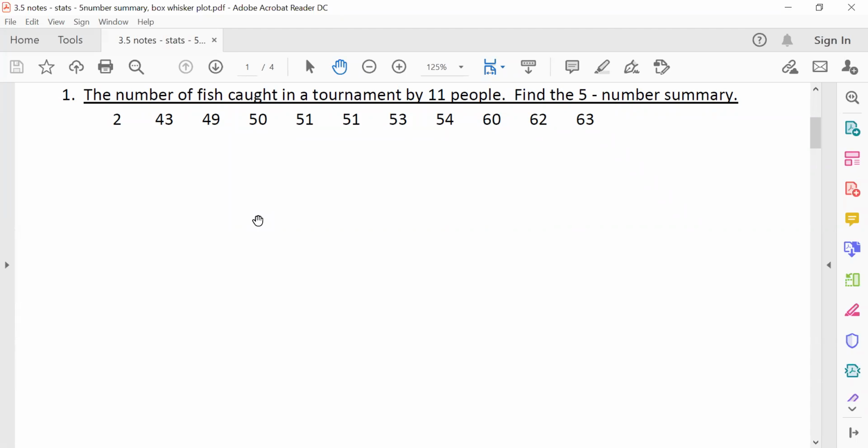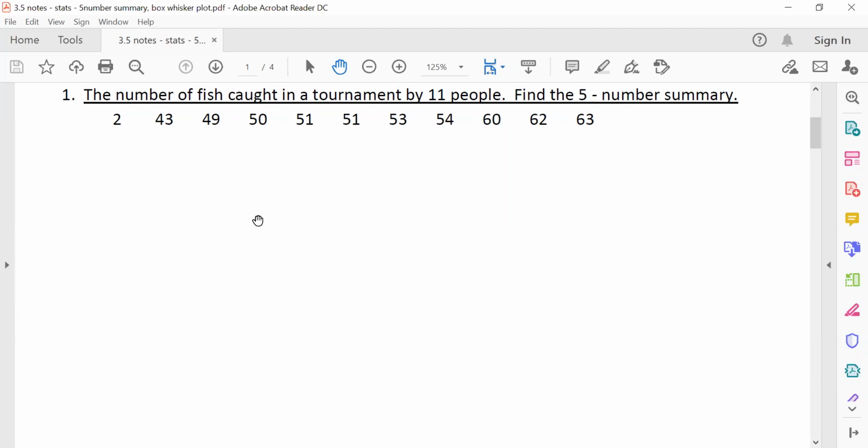What is the very first thing that we have to do here with this data? Exactly. He said rearrange it. We have to arrange it in order from least to greatest.